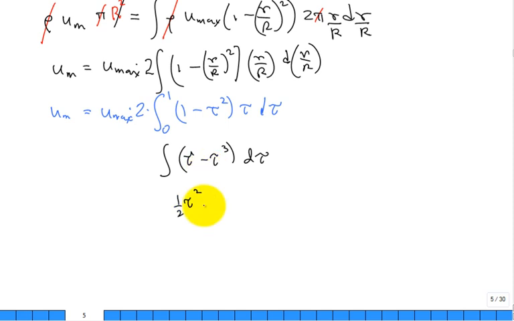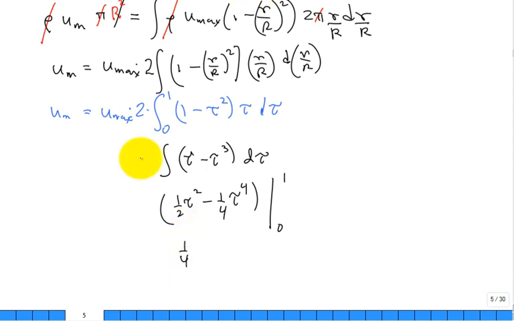How about the second one? Minus 1/4 tau to the 4. Did I do that okay? Then I evaluate this at 0 to 1. So I get a 1/2 minus a 1/4, which is a 1/2. I mean, sorry, a 1/4. Yeah, a 1/4. Thank you. You're paying attention this morning.